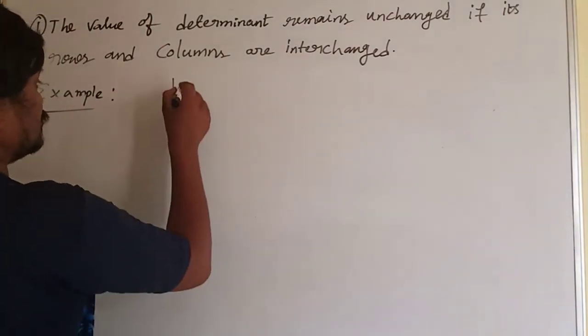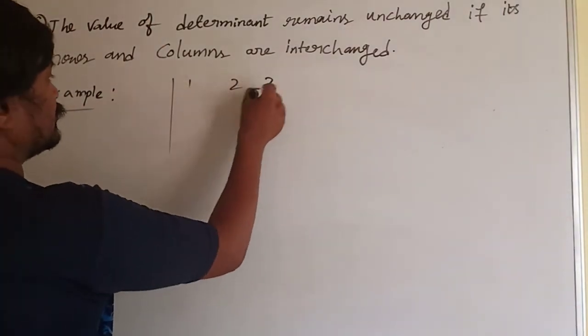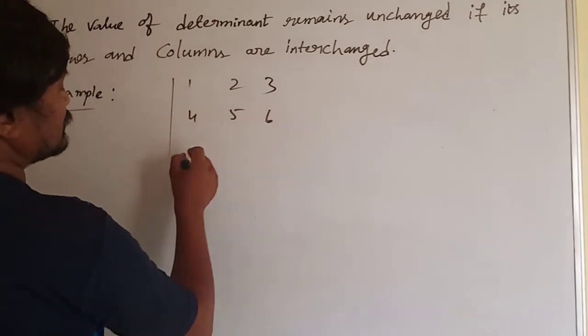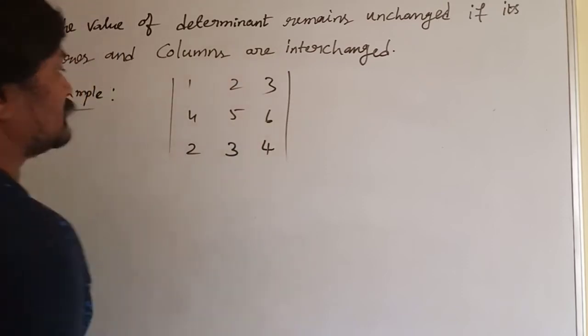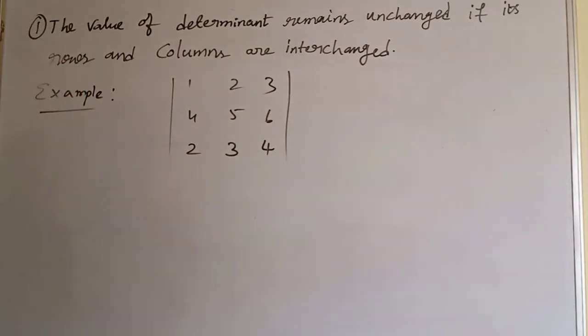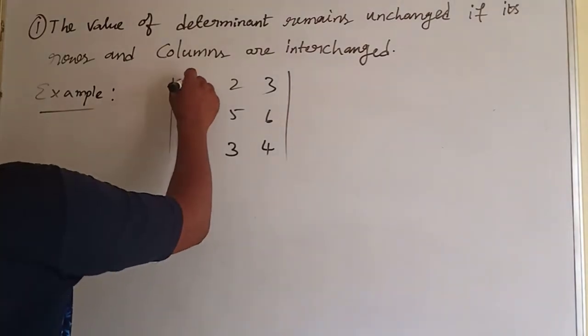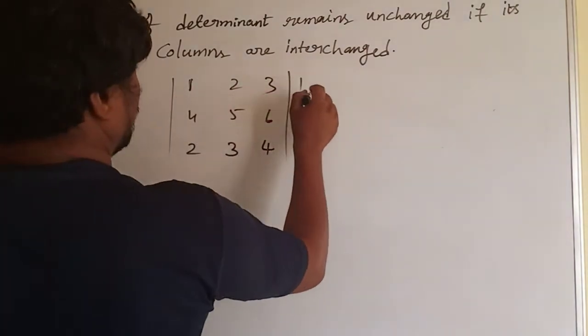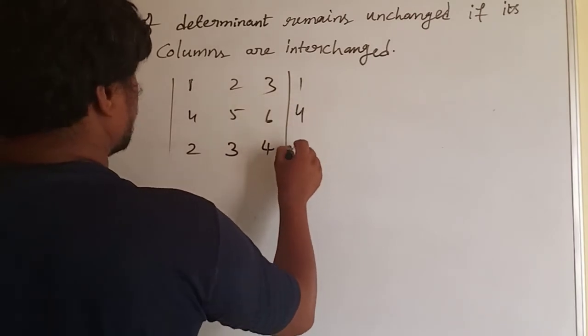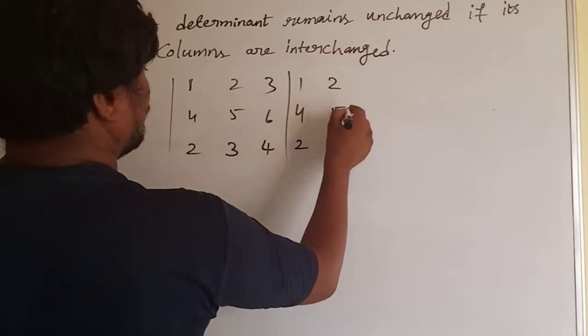So now take the determinant with rows 1, 2, 3; 4, 5, 6; 2, 3, 4. Then what is the value of that? First I'll go with Sarrus' rule so that it becomes very easy for you. So again write 1, 4, 2, 2, 5, 3.